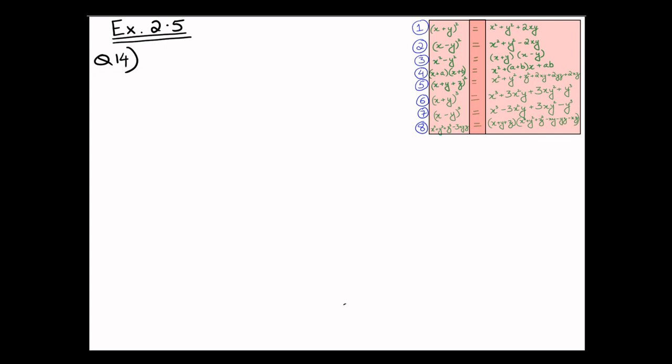So we were able to prove that if x plus y plus z is indeed equal to 0, then x cube plus y cube plus z cube must be equal to 3 times x into y into z, right? And with that in mind, I'll move to question number 14.